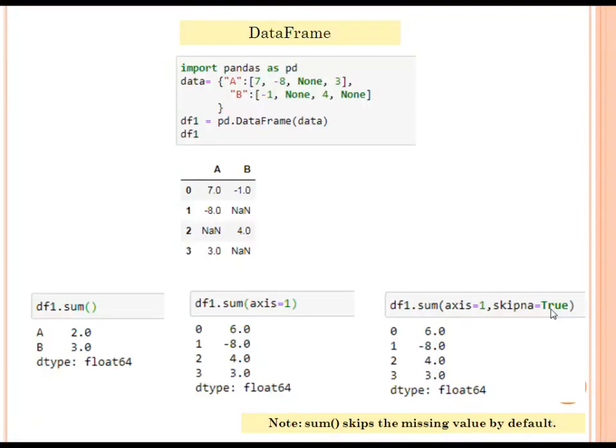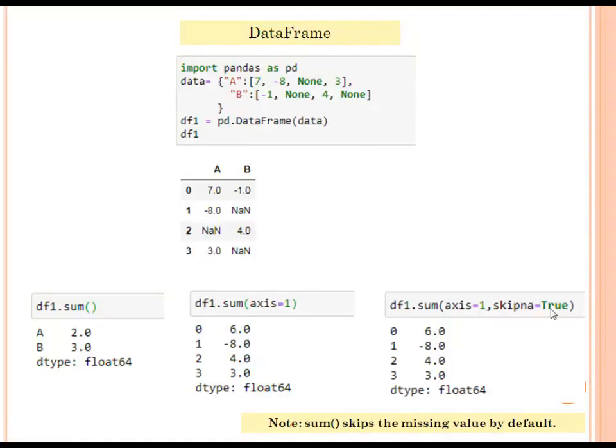After that, I'll put this skipna equals to True. When I put skipna equals to True, it removes all the NaN values from the data frame and only takes numeric values into consideration. So the first answer is 6, minus 8, 4 and 3. The sum according to the rows. Clear?